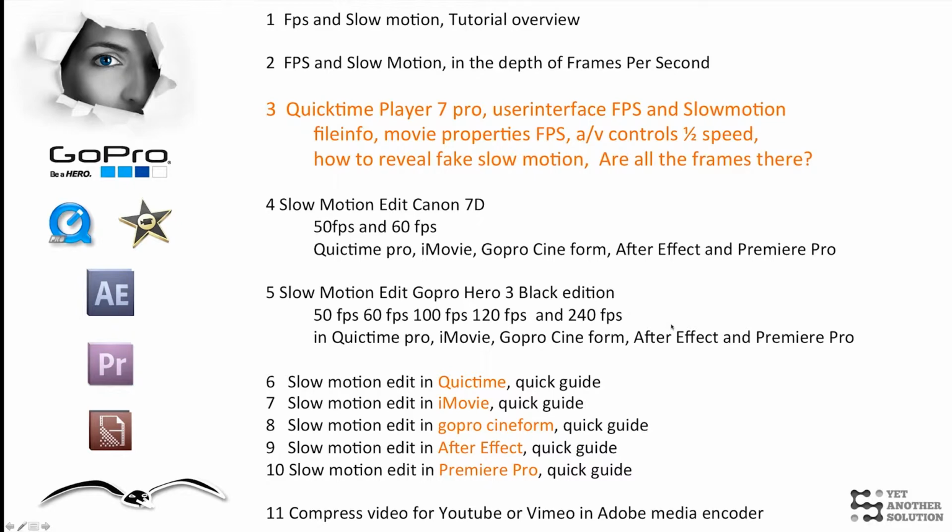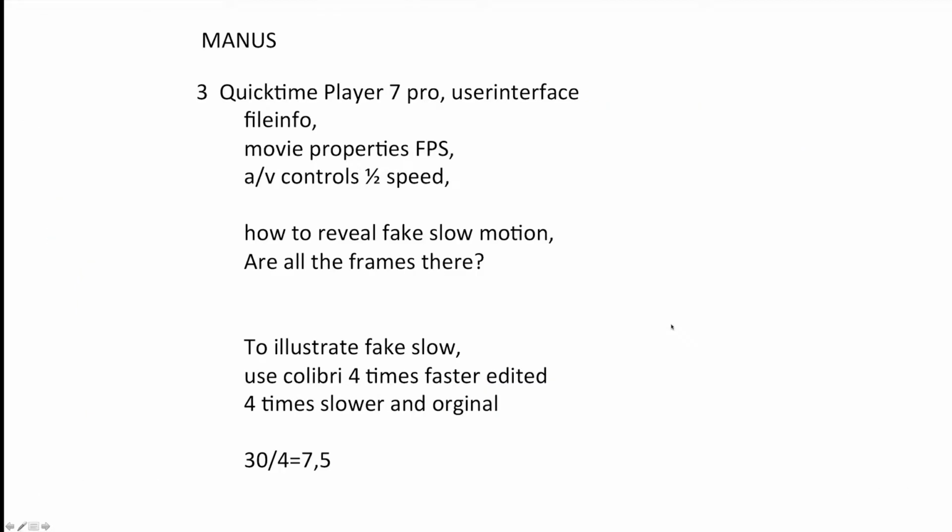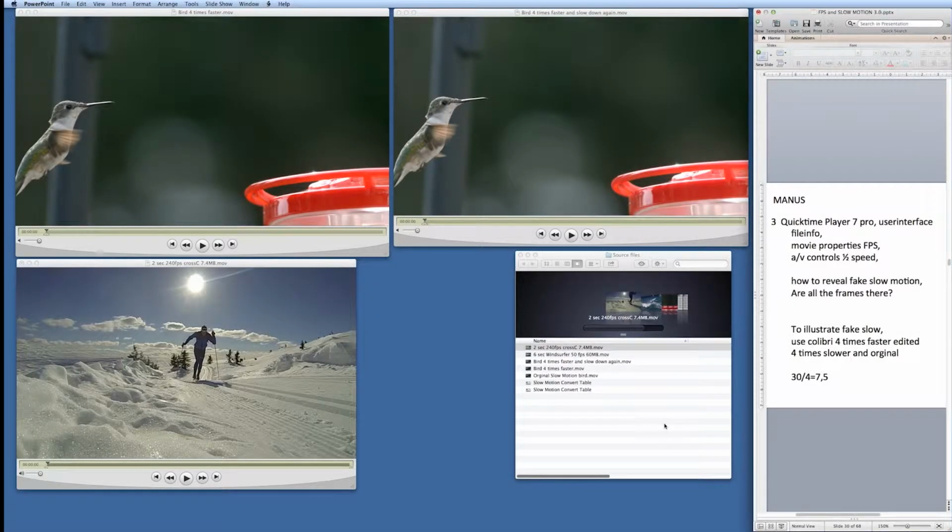But right now we are going to have a look at QuickTime Player Pro 7. This is just a memory card for me, so I remember what I'm going to talk about. First we are going to have a look at the file.